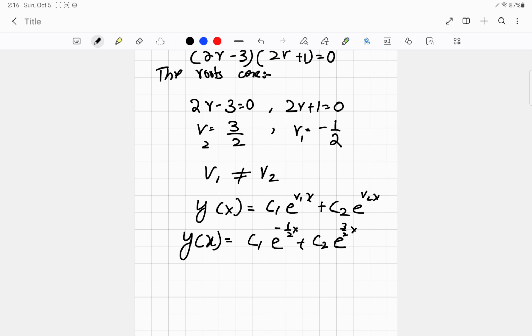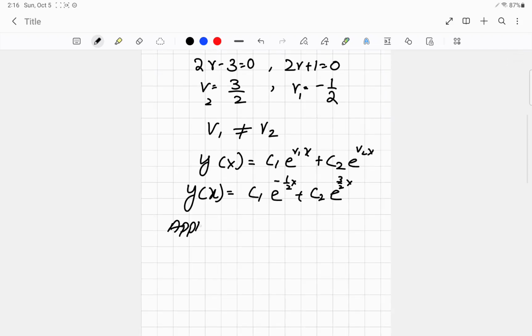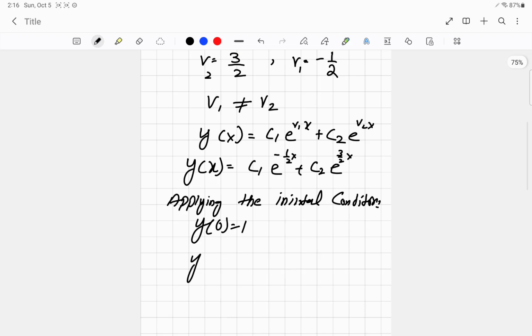Okay, now applying the initial condition, which is given in the question: when x is 0, y is 1. So we can find the values of constants c1 and c2 by this. Here let's put x as 0.